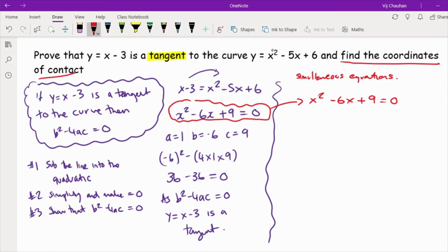So what I'm going to do is then factorize this. So we've got x minus 3 squared equals 0. So as we've got a repeated root, x equals 3.